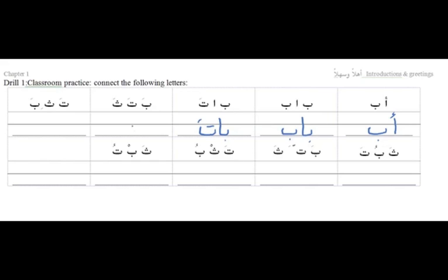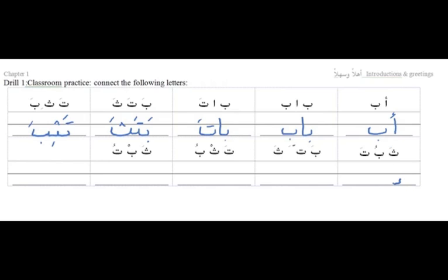Next is ba, ta, tha, batatha. Three short vowels, fatha, fatha, and fatha. Ta, tha, ba, ta, tha, ba, ta, tha, ba.